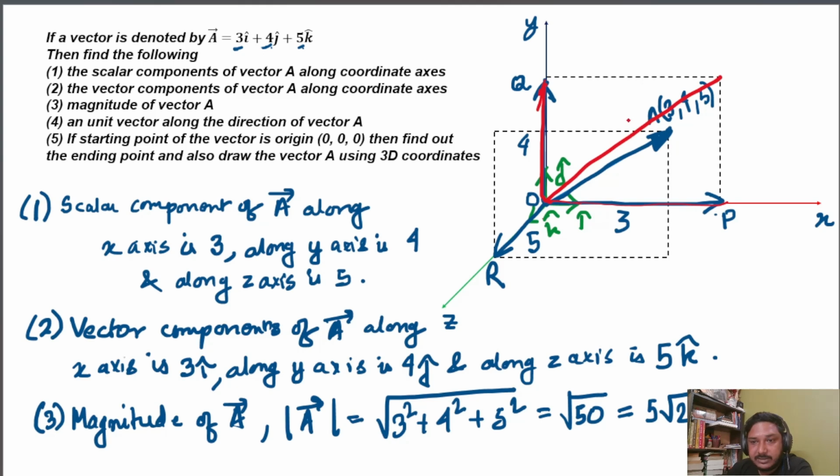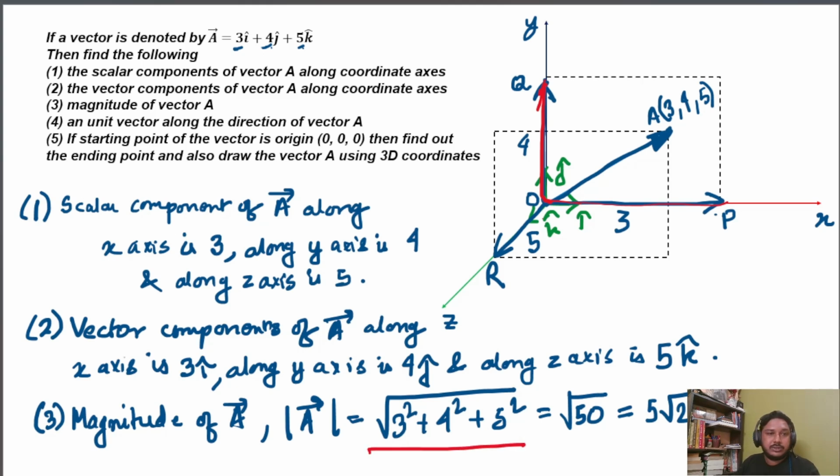Then the result of this diagonal, considered with this one, we will get this ultimate vector. So it will basically use the Pythagoras theorem two times. We will be coming into the details of that in the next segment. So I'm not getting into the details of this now, but just remember this formula. This came from the Pythagoras theorem.